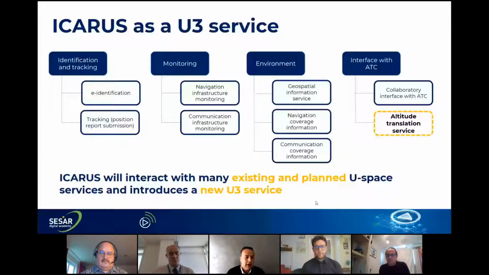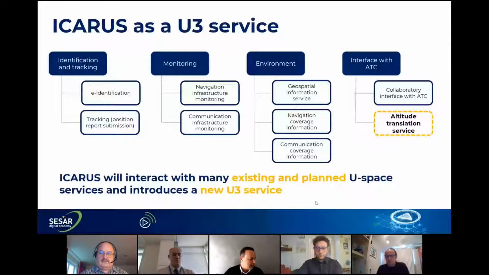This service will interact with many existing and planned U-space services, such as the navigation infrastructure monitoring service that I just mentioned, but also the navigation coverage and information, and above all, the tracking service that will be very important to feed the Icarus service, because we need to know the information about the position of drones with their reference system, and we have to elaborate this information to be disseminated to the other users.